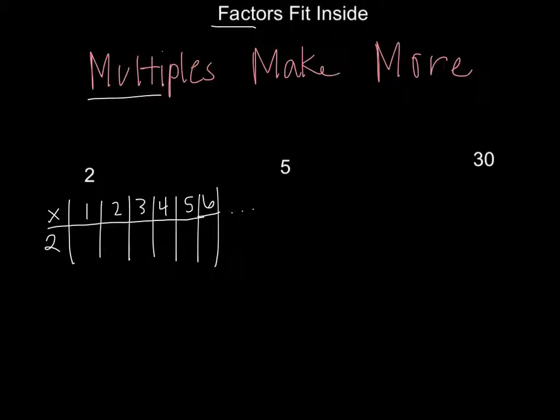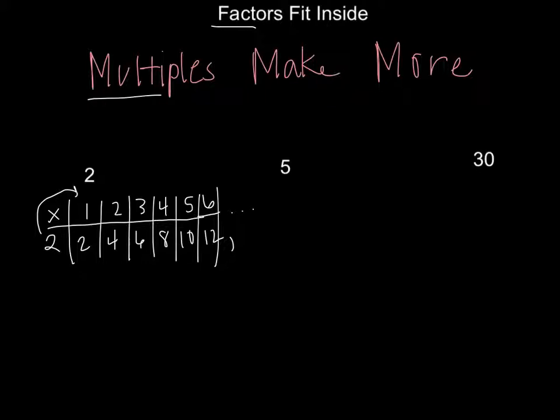So I'm going to start with 2 times 1, which is 2. 2 times 2 is 4. 2 times 3 is 6. 2 times 4 is 8. 2 times 5 is 10. 2 times 6 is 12. And I could keep going.